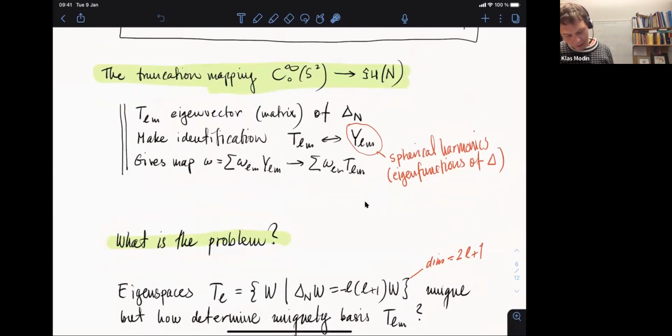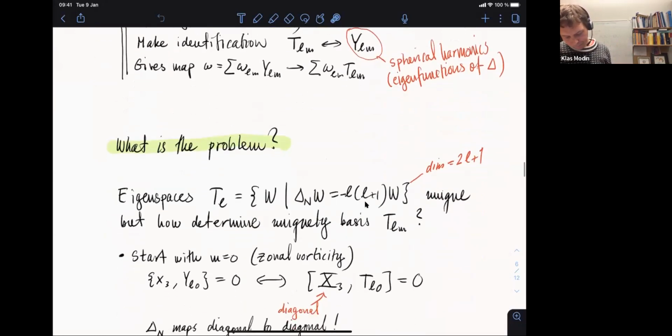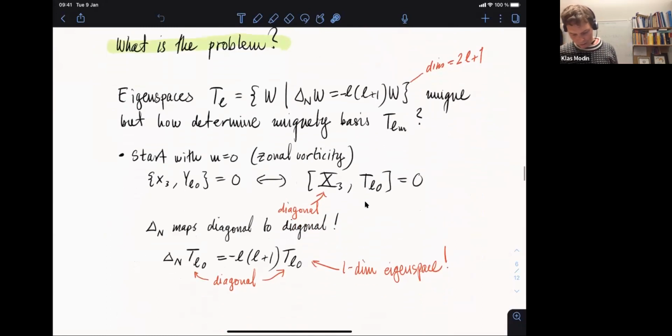Well, the problem is that the eigenspaces are not one-dimensional. So I know what the eigenvalues are for each L, but each such eigenspace has some dimension. So how do I select this T_LM? How do I know which ones to select? I need to pick a basis within each eigenspace. So let's address this.